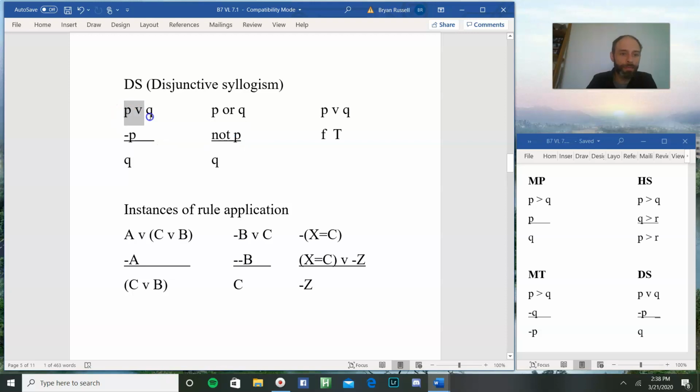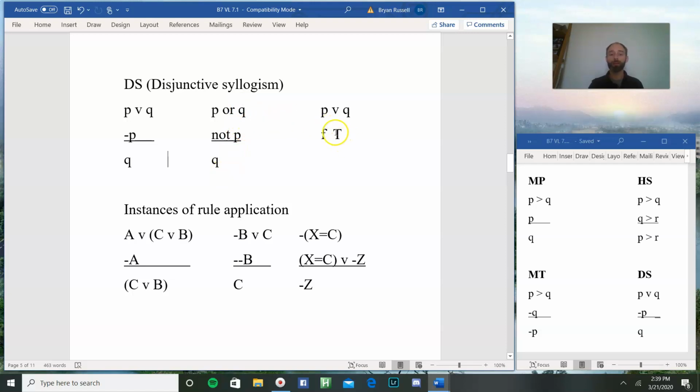So if we know that an either or statement is true, like if we know you're getting pie or cake, and if we know you're not getting pie, then we know, well, you have to be getting cake, right? Pretty straightforward. In more regular terms, if we know P or Q and we know not P, well, then we have to know that Q is true.